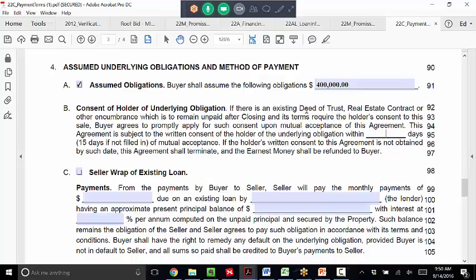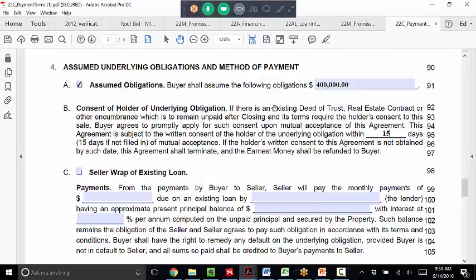If there's an existing deed of trust, real estate contract, or other encumbrance which is to remain unpaid after closing, and its terms require the holder's consent to this sale, buyer agrees to promptly apply for such consent upon mutual acceptance of this agreement. This agreement is subject to the written consent of the holder of the underlying obligation within whatever days of mutual acceptance. If the holder's written consent to this agreement is not obtained by such date, the agreement terminates.